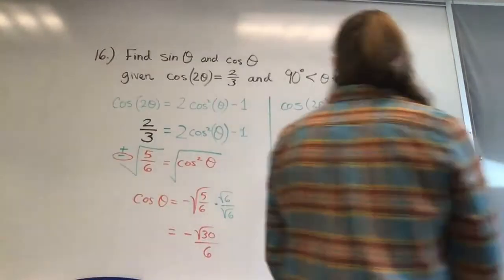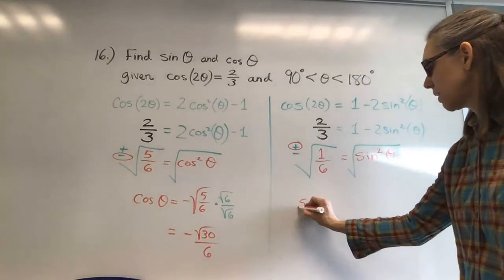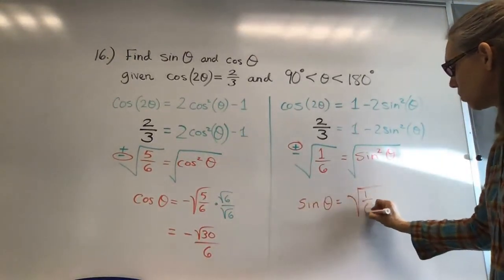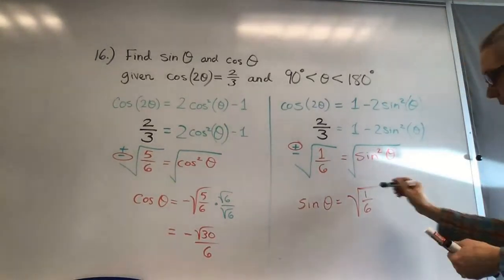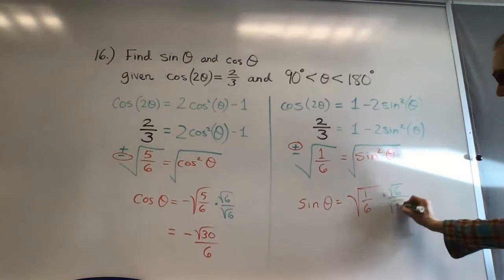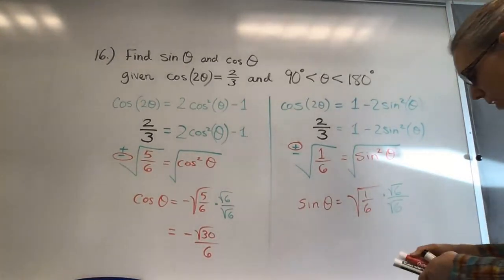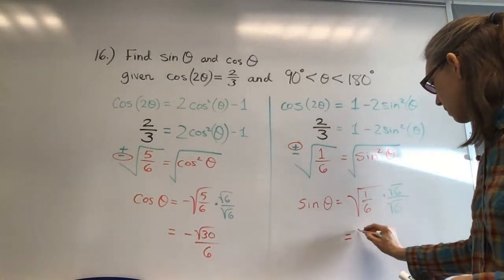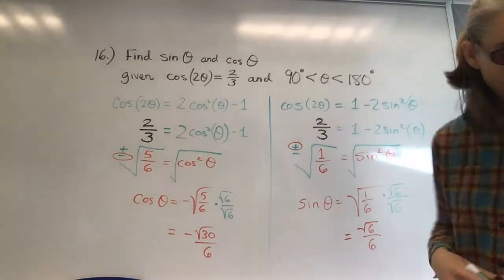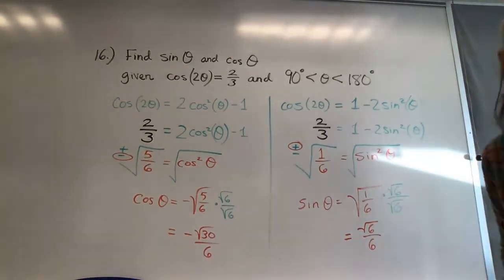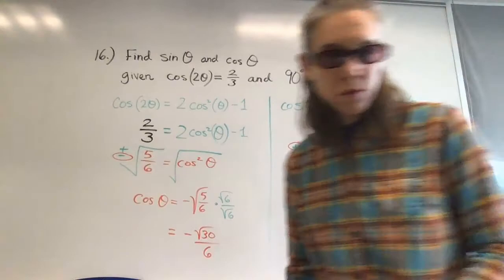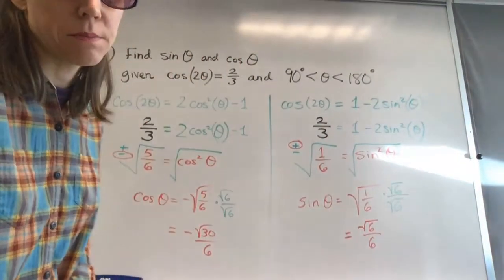And then over here, we would have that the sine of theta is equal to the positive 1 over 6, all in the square root. And then we want to rationalize the denominator, so then we end up with square root of 6 over 6 for sine of theta. Okay, that's number 16. Next, we're going to move on to verifying identities.